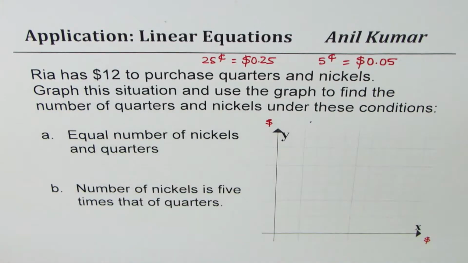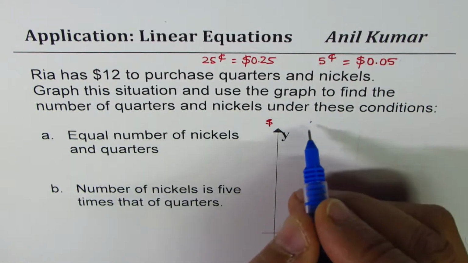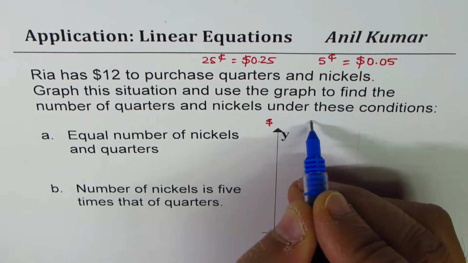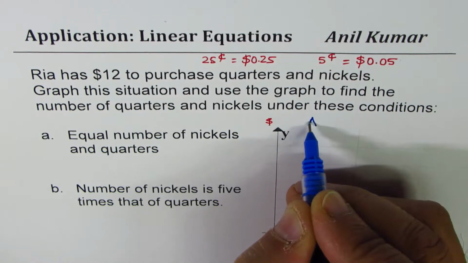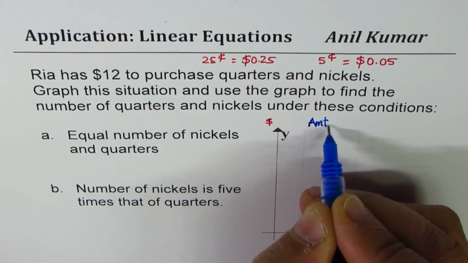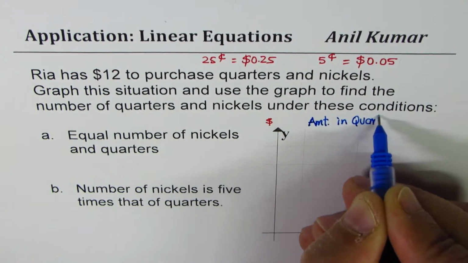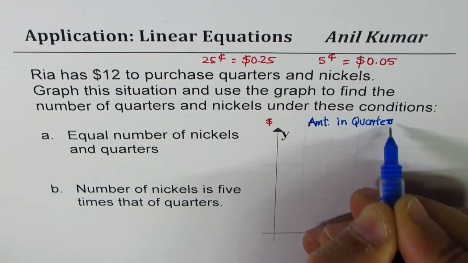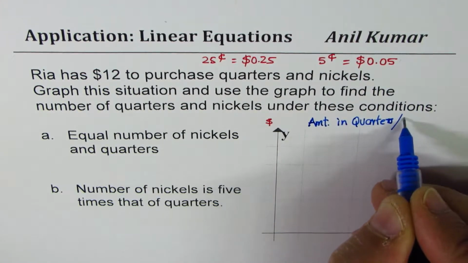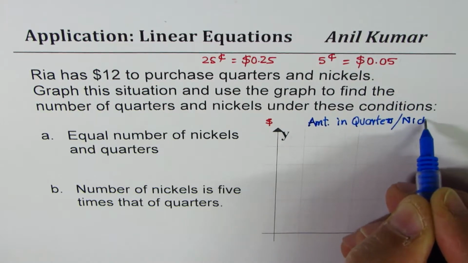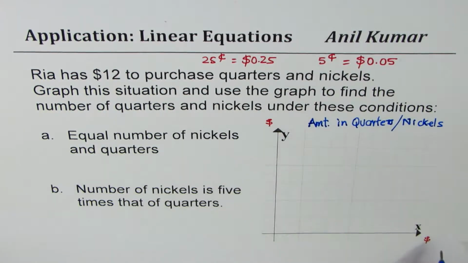You see, $12 is the amount. So amount in quarters versus nickels. Okay, so it is all about amounts in quarters versus nickels.